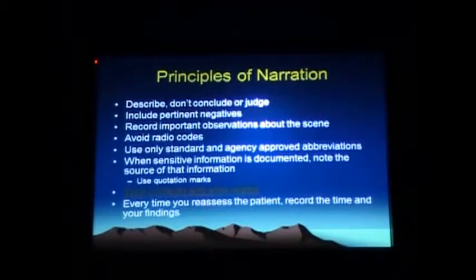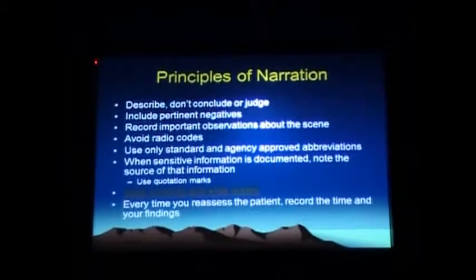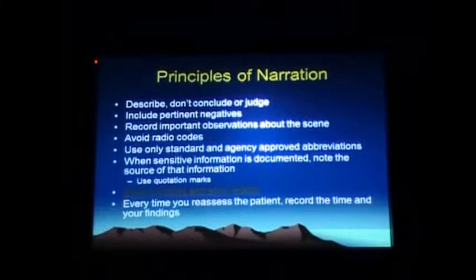The abbreviations also, for the same reasons, get to be an issue. And people are always saying, what's the matter with that abbreviation? Is it agency approved? There's a number of ways to do that, and that is to have an agency-approved abbreviation list. You guys get input from your clinical committee and develop that list. North Lake Tahoe got pretty creative, and they said if it's in Wikipedia medical abbreviations, it's acceptable.